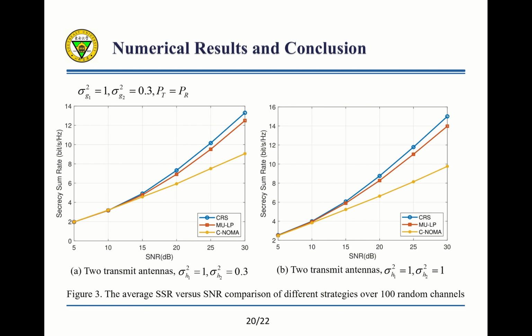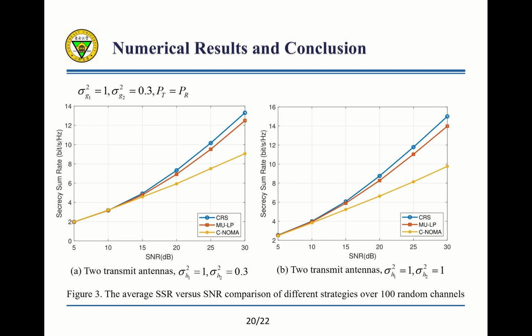When the variance of the link from the base station to U1 equals 1, while the variance of the link from the base station to U2 equals 0.3, the average SSR gap between C-NOMA and CRS decreases compared to when both variances equal 1.